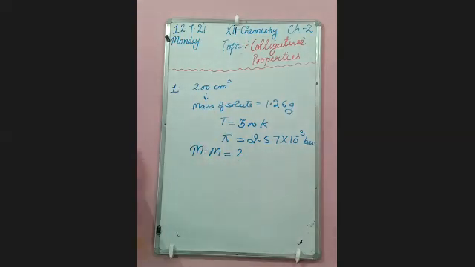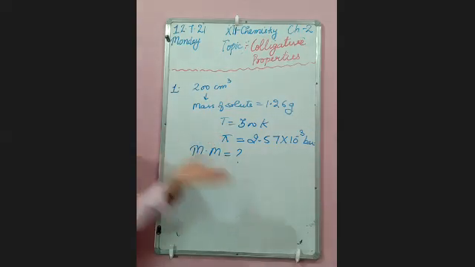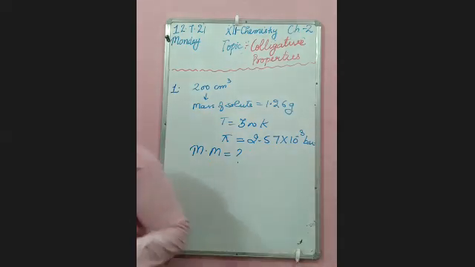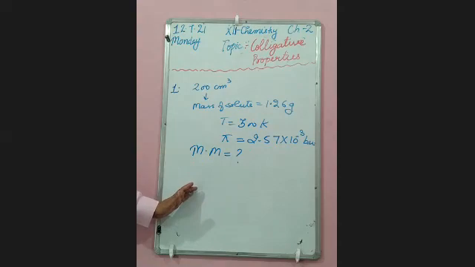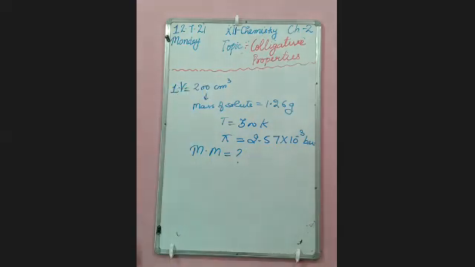First, kindly go through the question, see what is given to us, and think which formula can be used. It is very clear, we have just discussed. Volume of solution is 200 cubic centimeter.